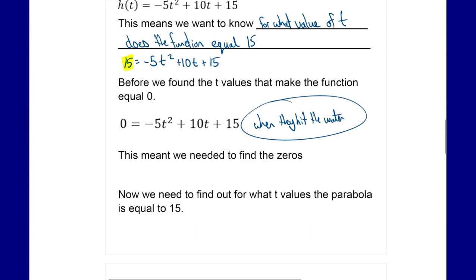It means they start on the cliff, which is 15 meters up, because when the time is 0, the height is 15. So at 0 we're still on the cliff, and then we jump off. The second time they're at 15 meters is after 2 seconds.